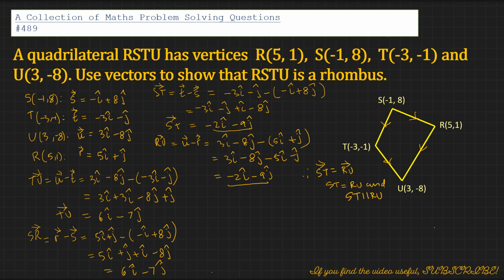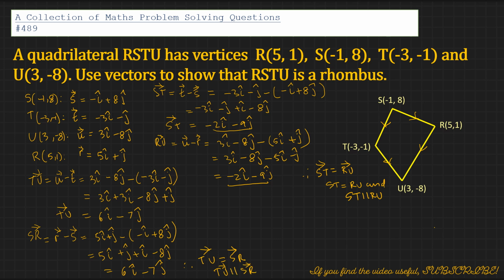I combined the i's and j's in TU but didn't do it here, but it doesn't matter, the result should be equal. So TU is equal to SR. Therefore vector TU equals vector SR, and TU is also parallel to SR.